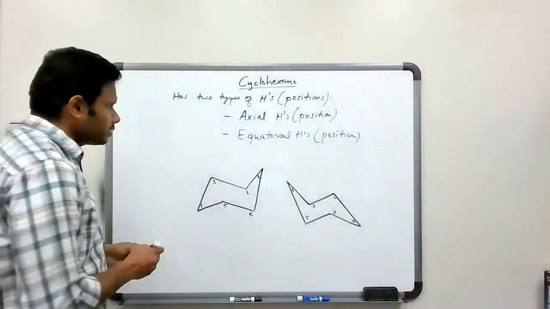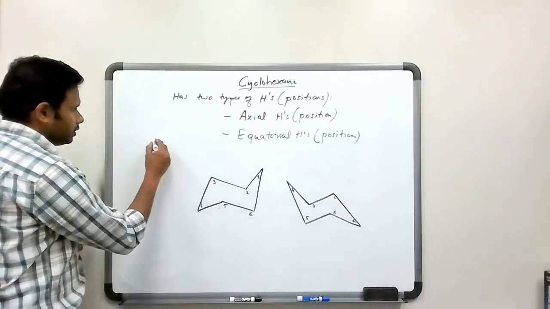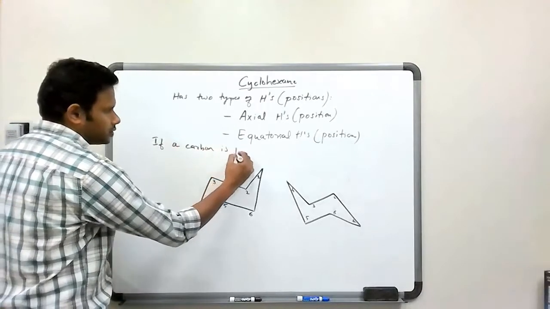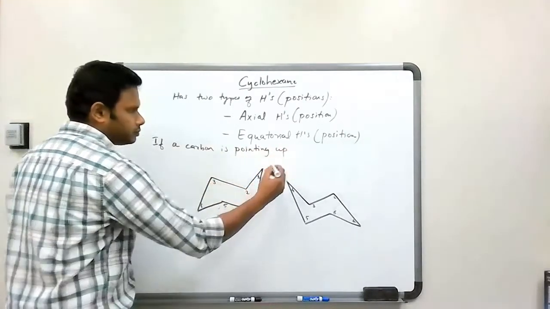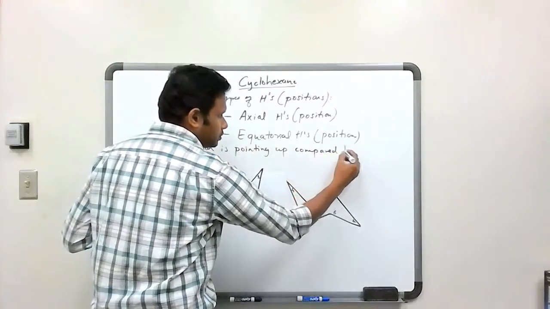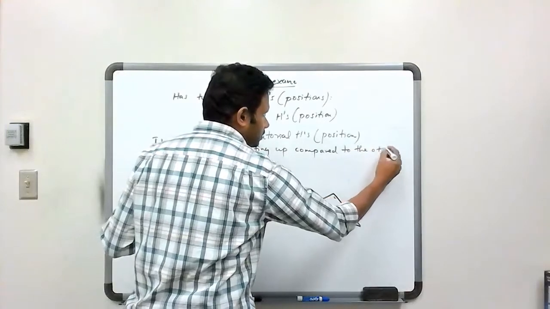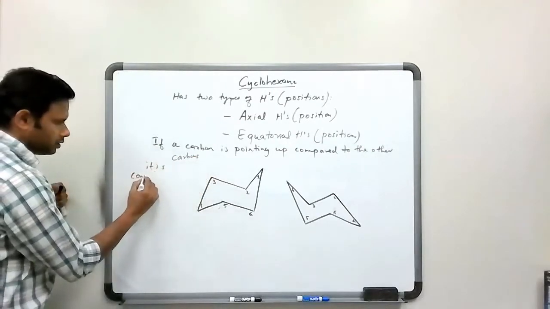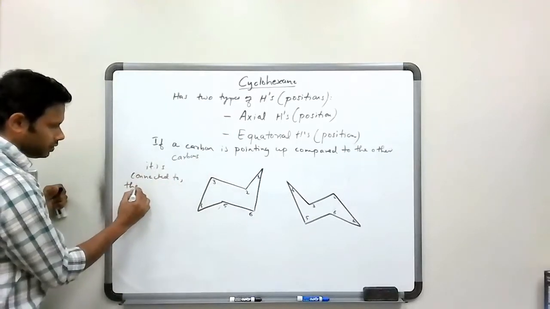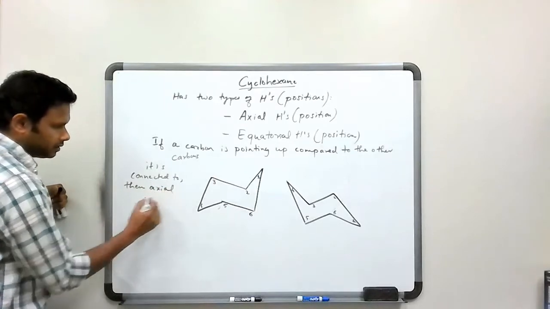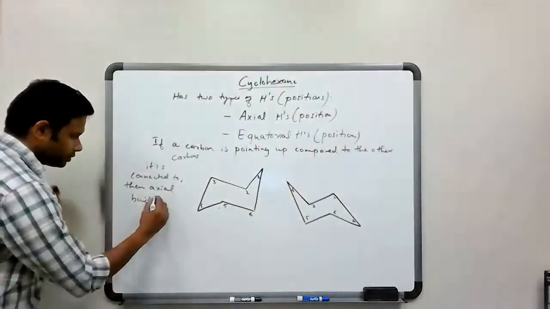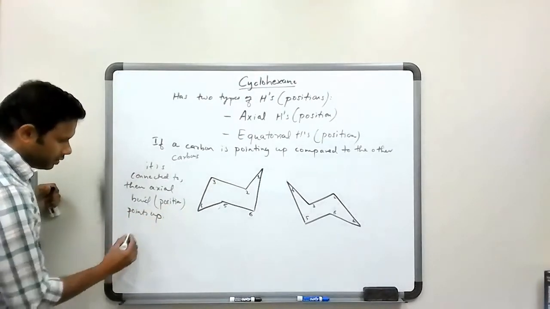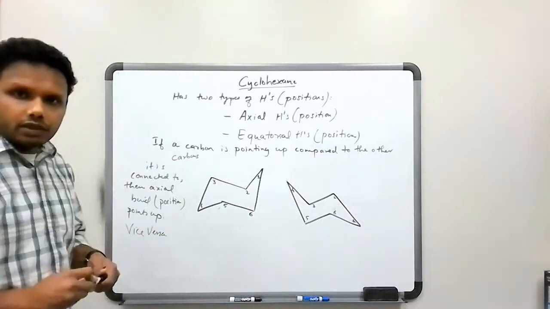Now, to draw axial hydrogens, if a carbon is pointing up compared to the other carbons it is connected to, then the axial bond, or the axial position, points up, and then you basically do vice versa, just the opposite of that.